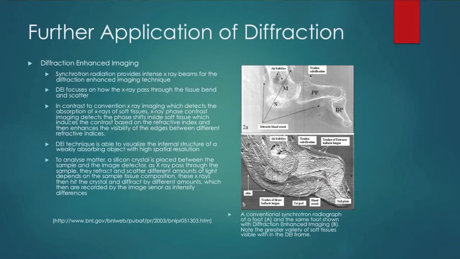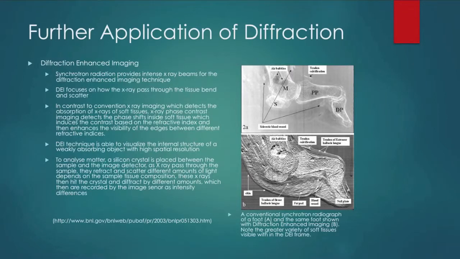Now, conventionally, X-ray has been used in medicine for many years, where we look at the difference in radiation absorption by soft tissues to form an image, and it's very good to look at bony structures and to diagnose other medical conditions, such as pneumonia with chest X-rays.